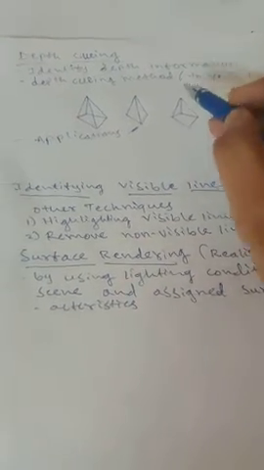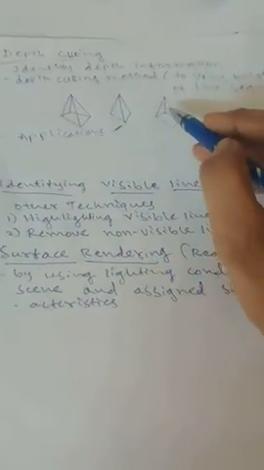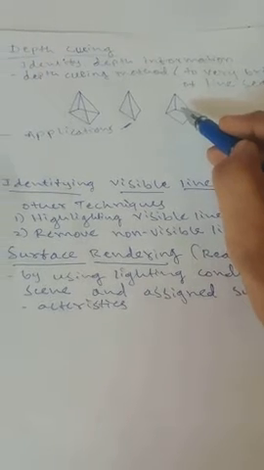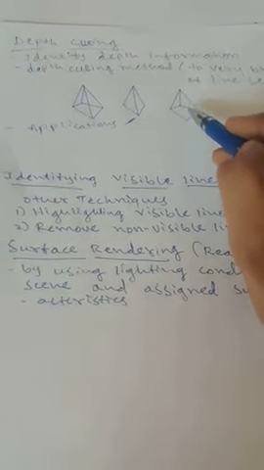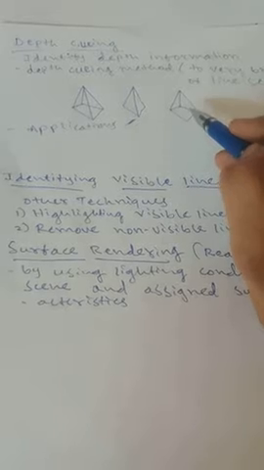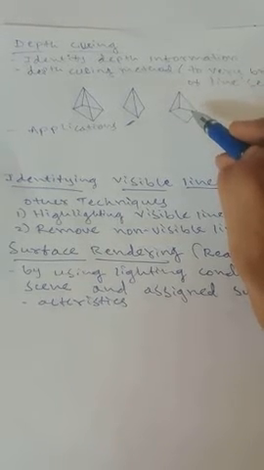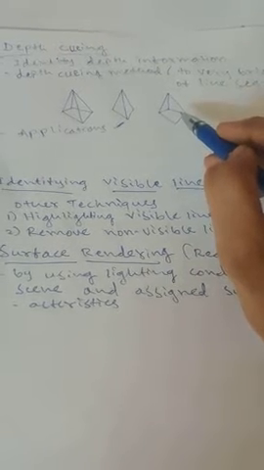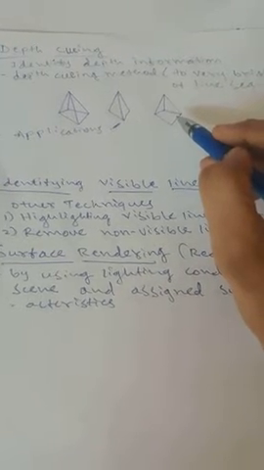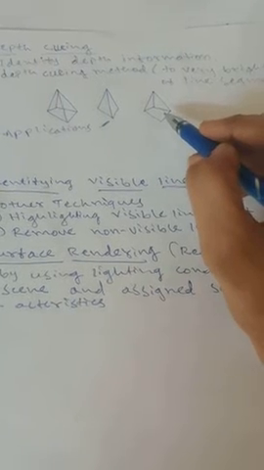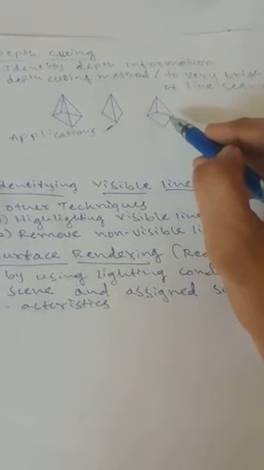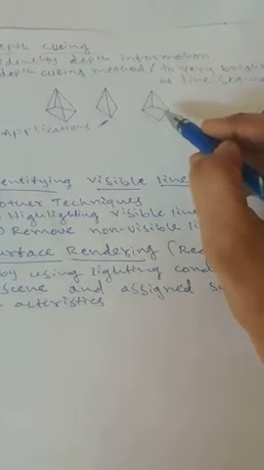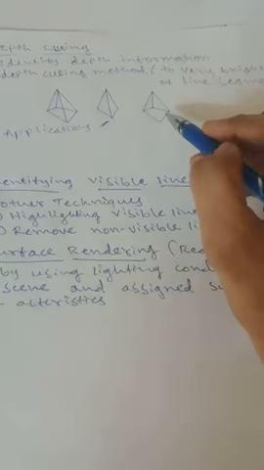As you can see in these figures, these are wireframe representations of a pyramid. Here the depth information is not specified, so it is very difficult to identify what is front and what is back of the displayed object for a particular viewing direction. That's why depth information is very important, and without it, ambiguity will result when a wireframe object is displayed.